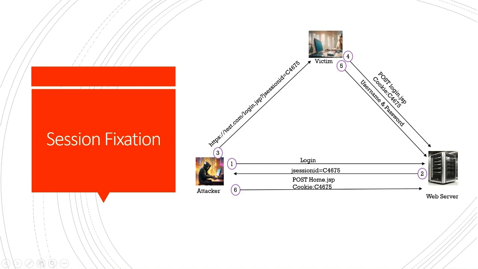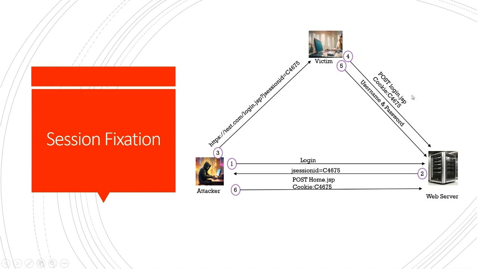The attacker will craft a URL like this, http://test.com/login.jsp?sessionID equal to this, and this URL they will send to the victim. Once the victim receives this link, what will the victim do? The victim will click this link and be redirected to the login page. Again the victim will see that it is a valid URL, so the victim will enter a valid username and password.